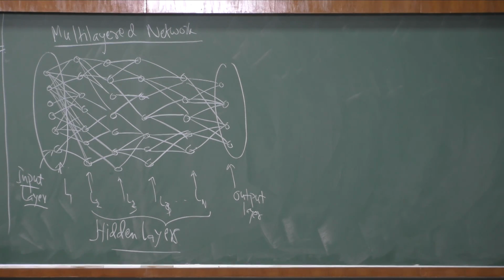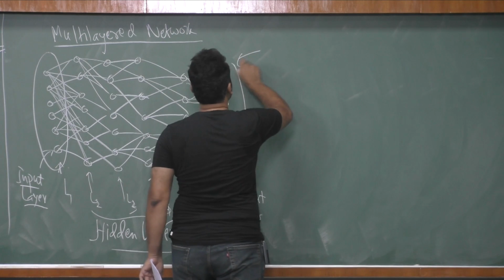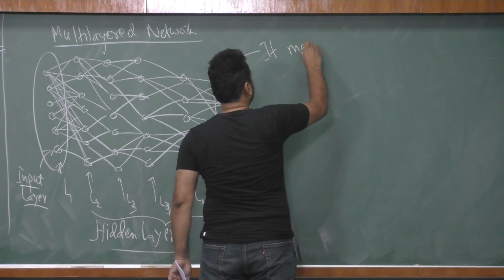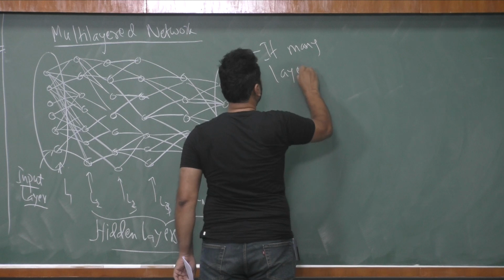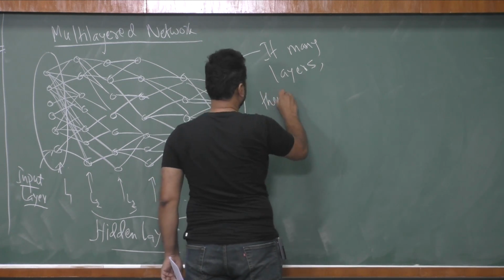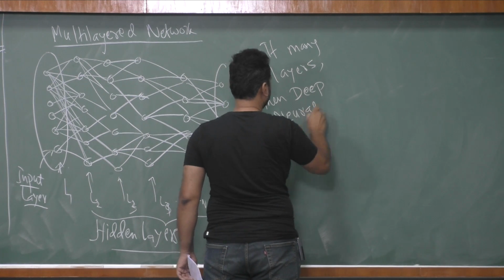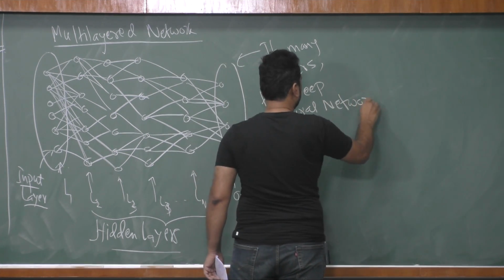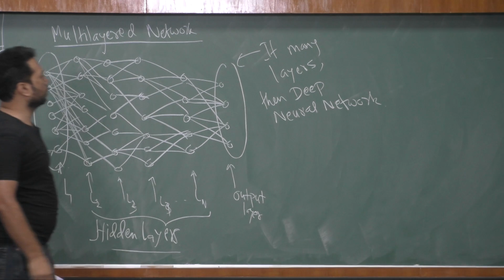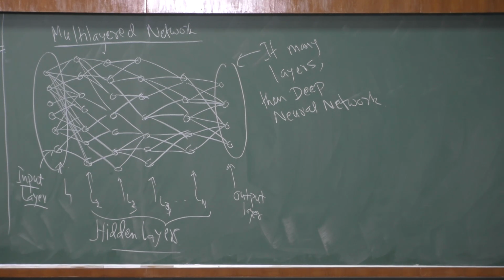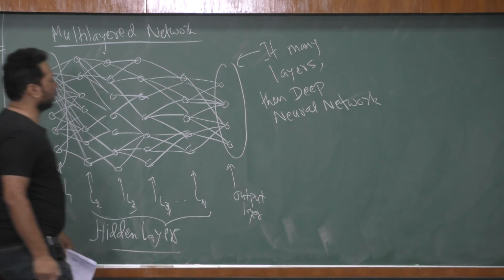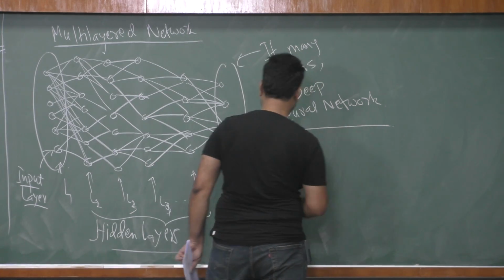If there are many layers, then it's called a deep neural network, and any learning procedure using these neural networks is called deep learning.